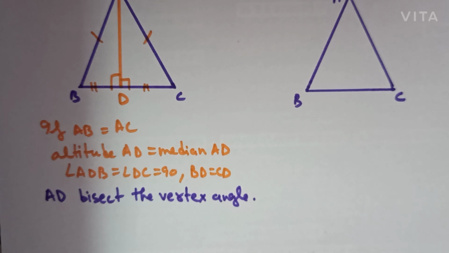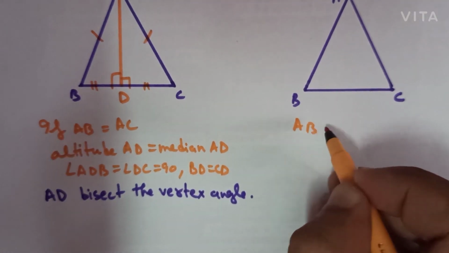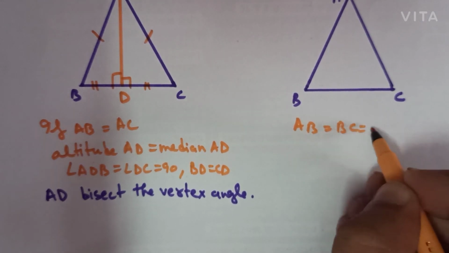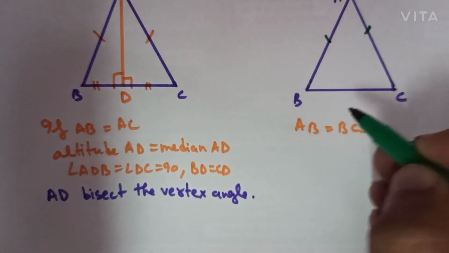Similarly, if we talk about an equilateral triangle, AB will be equal to BC will be equal to AC. All the three sides will be equal.